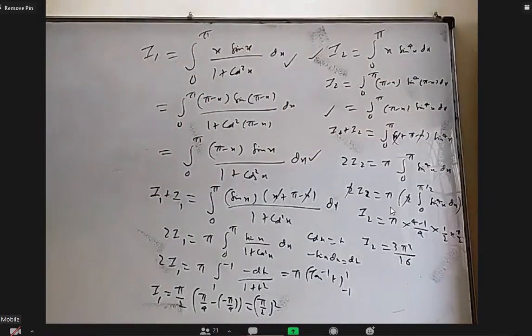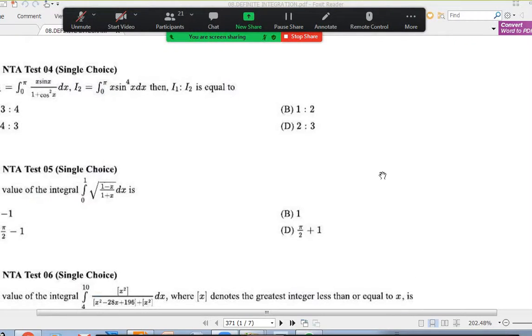Now what is the question? Maybe I1 by I2 or something. They wanted I1 is to I2, so that is 4 is to 3.